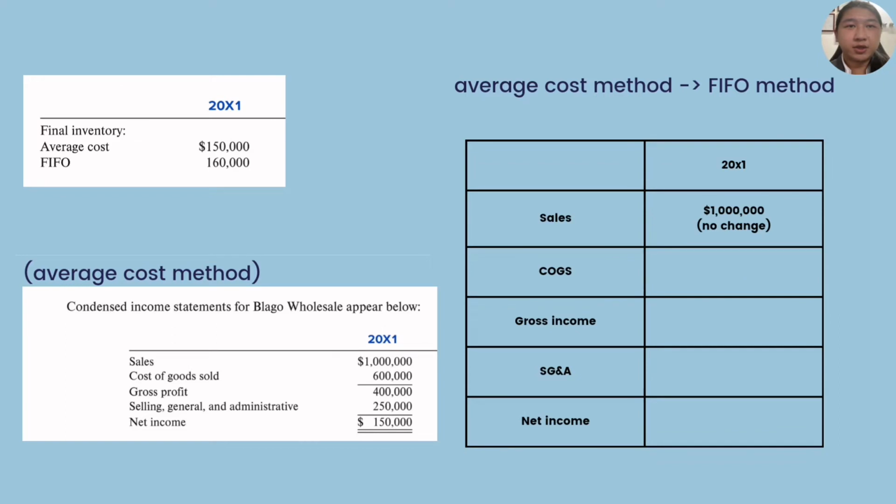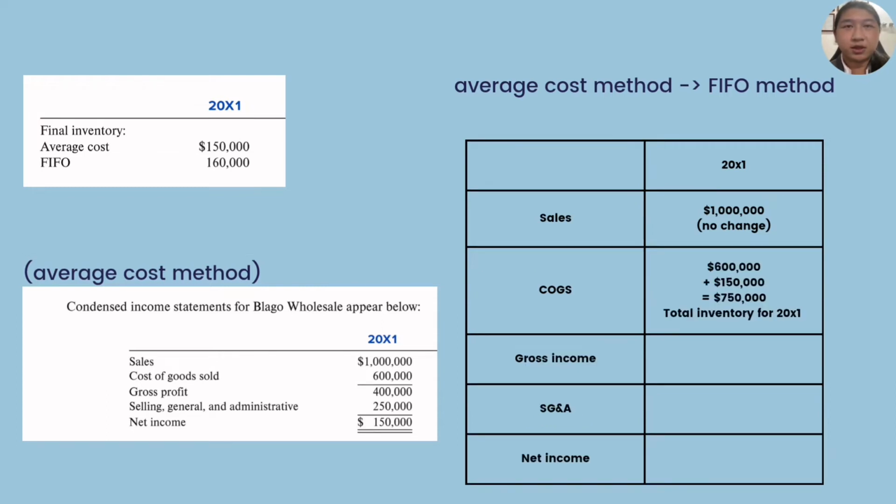We know that changing inventory accounting method from average cost to FIFO will not have any effect on the sales, so sales is still $1 million. Then, to compute cost of goods sold in 20X1, we sum the indicated cost of goods sold using average cost method and the final inventory using average cost: $600,000 plus ending inventory of $150,000 gives us $750,000, which is our total inventory for 20X1.